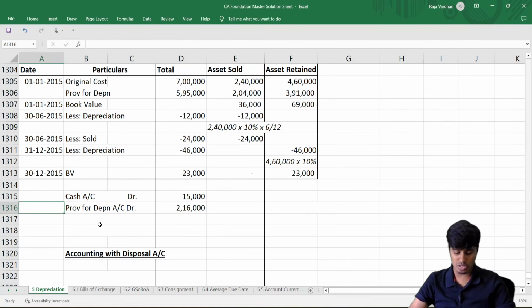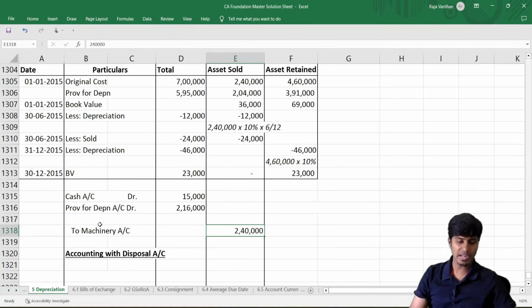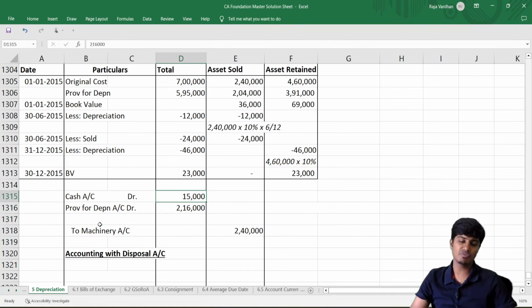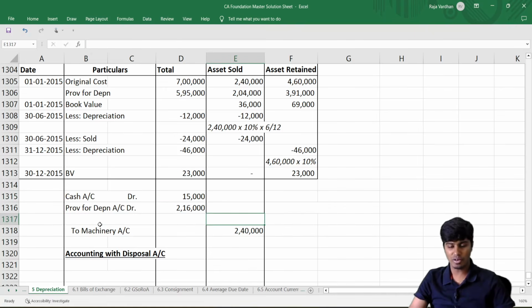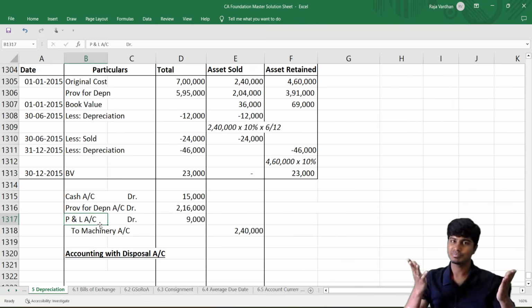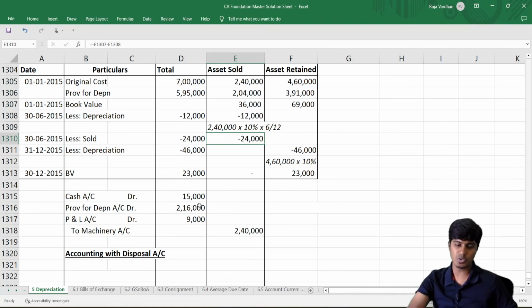And the original cost of the asset which was sold is 2 lakh 40,000. So now identify the balance figure. 2 lakh 16 plus 15, 2 lakh 31, 2 lakh 40. Difference of 9,000 is loss. Or you can see here 24,000 worth of asset is sold for 15,000, so 9,000 loss.